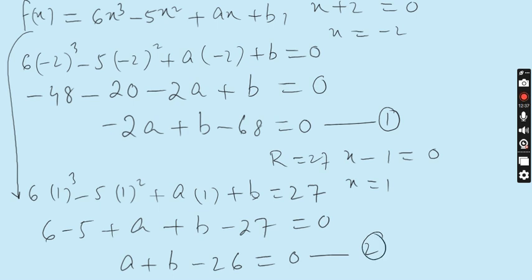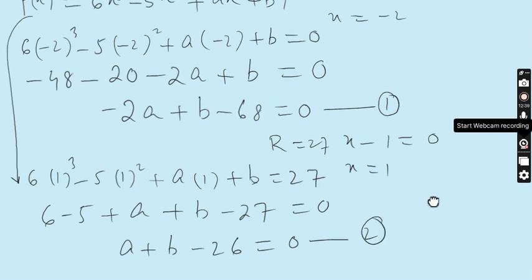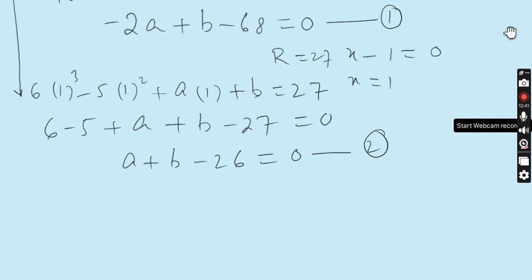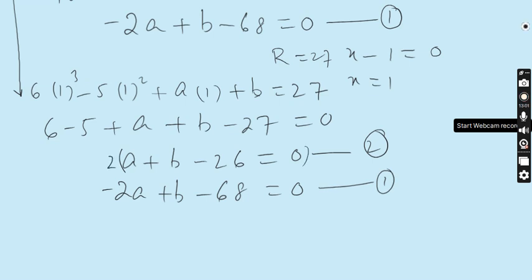Now you have two equations, equation number 1 and equation number 2. So write equation number 1, that is minus 2a plus b minus 68 is equal to 0. This is equation number 1. Multiply equation number 2 by 2.